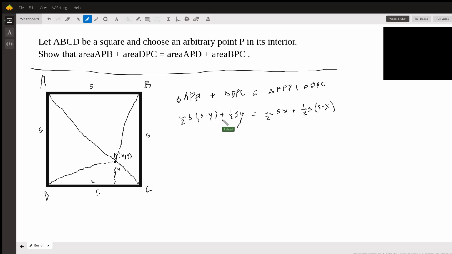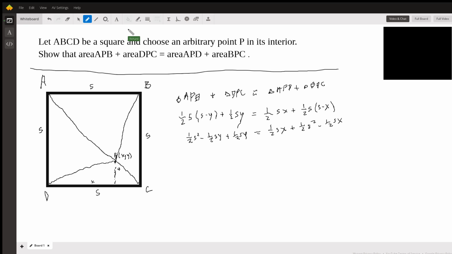Okay. So then we're just going to distribute. So I have 1/2 S squared minus 1/2 SY plus 1/2 SY is equal to 1/2 SX plus 1/2 S squared minus 1/2 SX.